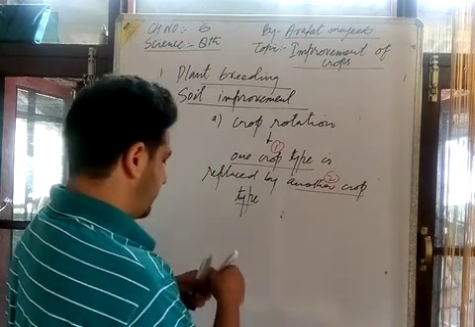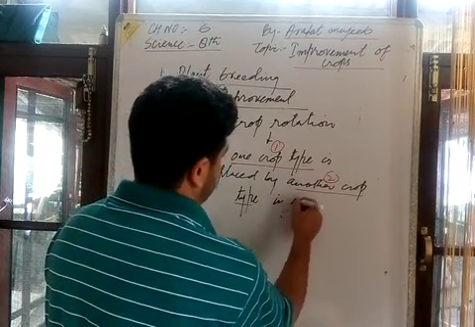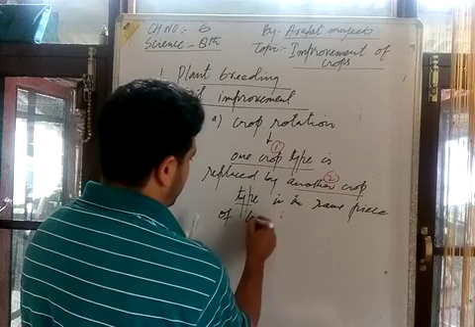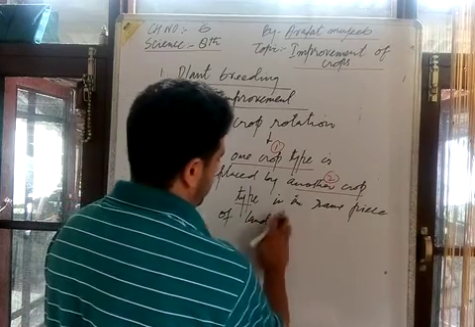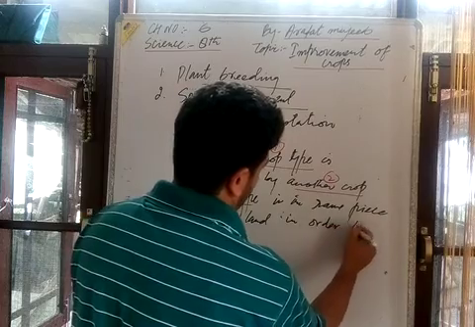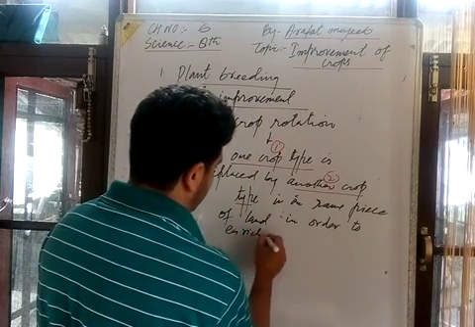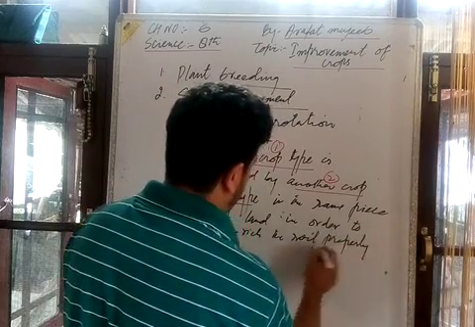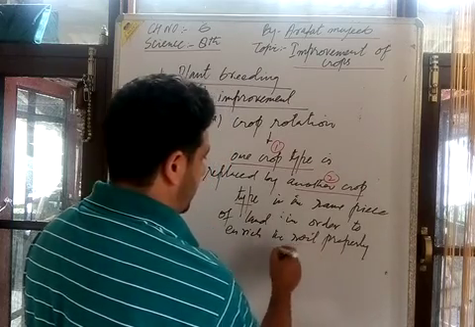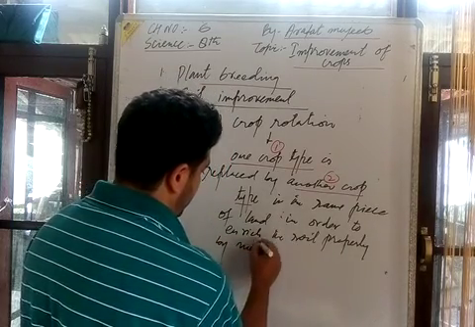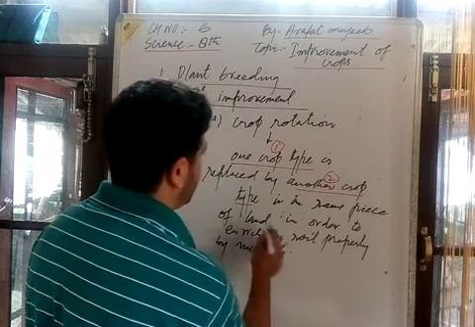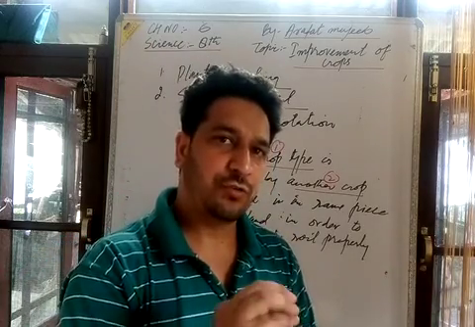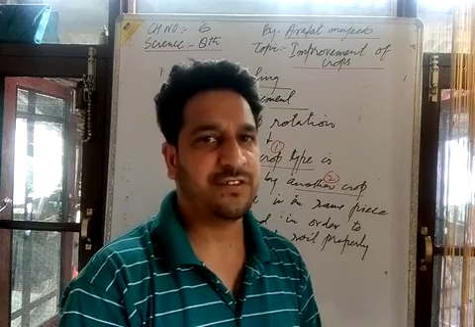We do this in the same piece of land, in order to enrich the soil properly. उस soil को enrich करना है, enrich the soil properly by nutrients. क्या होता है इसमें? ध्यान दीजिए, crop rotation has the advantage that if you have a piece of land and you continuously sow one type of crop, there is a deficiency in nutrients.